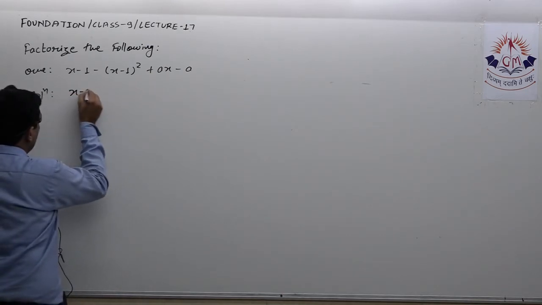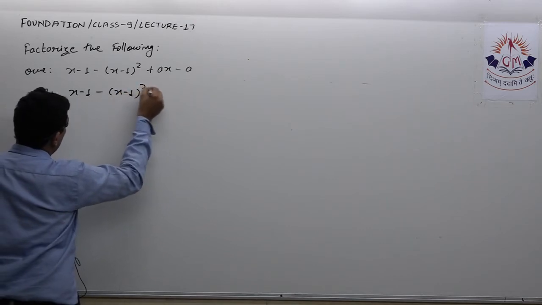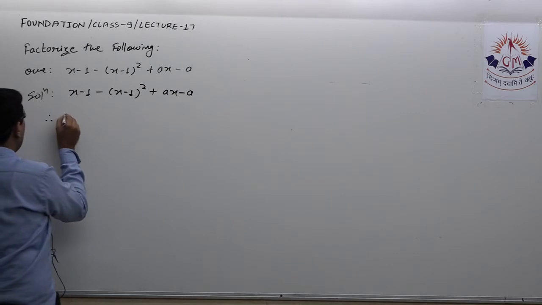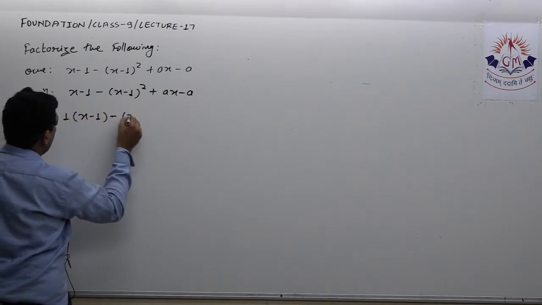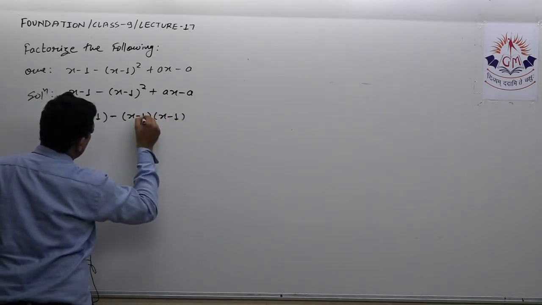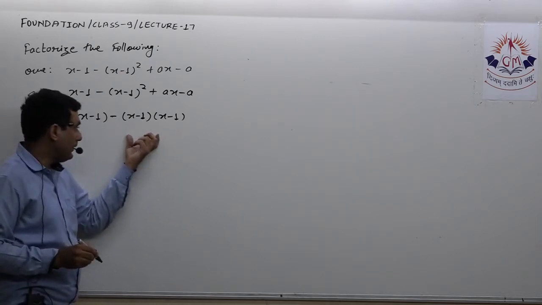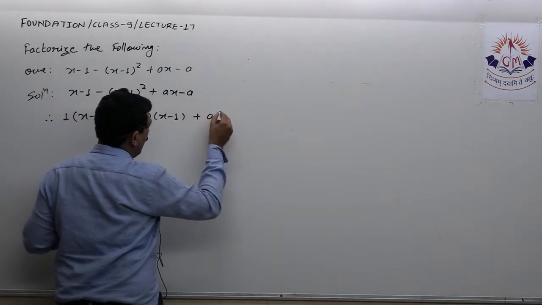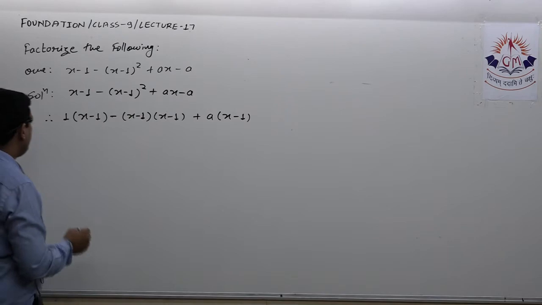So here x minus 1, minus (x minus 1) whole square, plus a(x minus 1). Although this is not required, for your convenience I am writing x minus 1 two times so that you can take x minus 1 directly common. Over here I can take a common, so a(x minus 1).